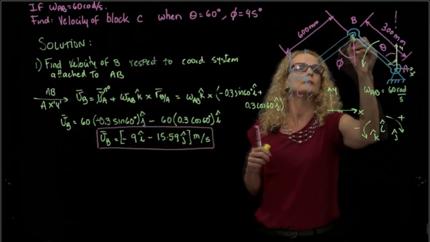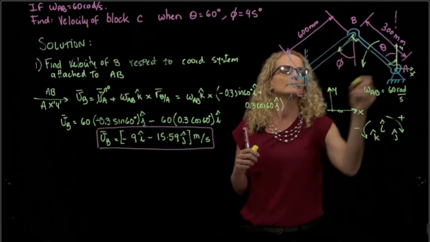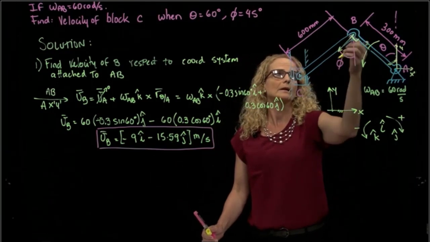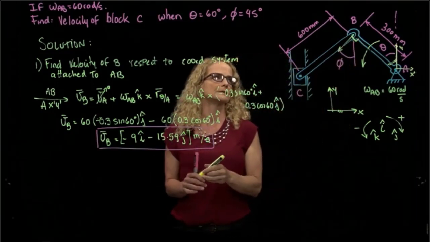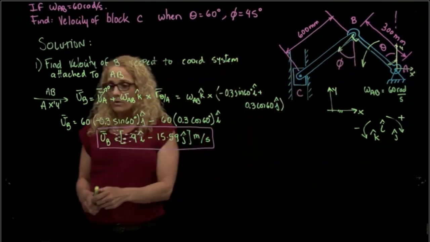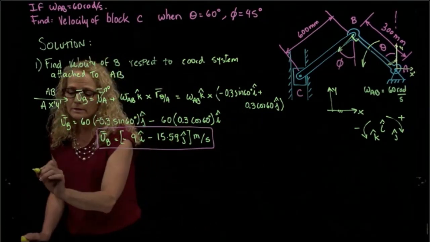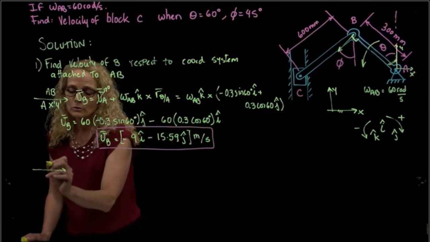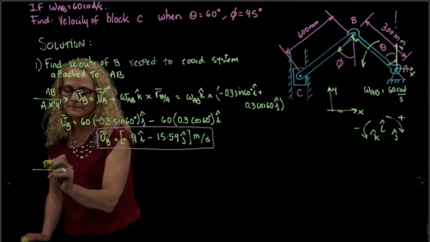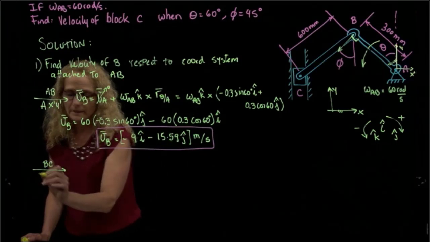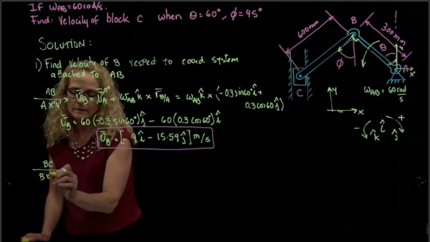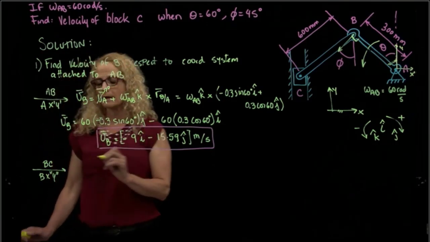This velocity will be perpendicular to that rod, right? Which is not in the same direction as rod CB. Now, using another system, but now attached to BC, I'm going to put it at B, and I can call it x prime, y prime.